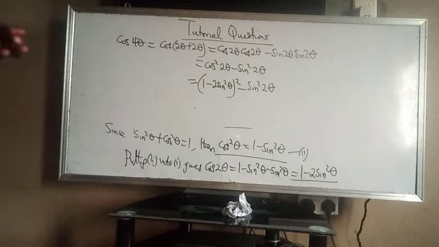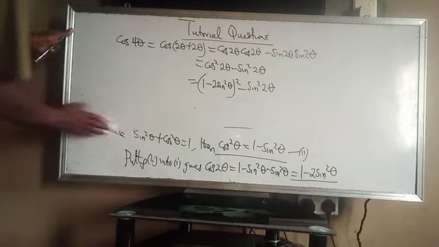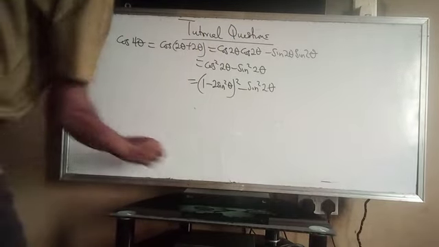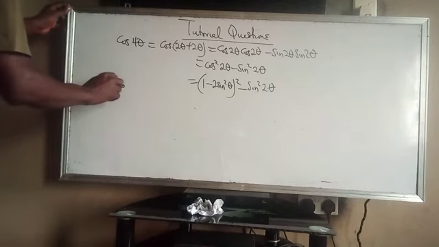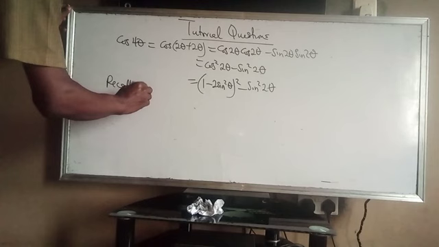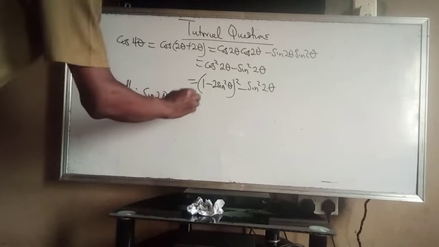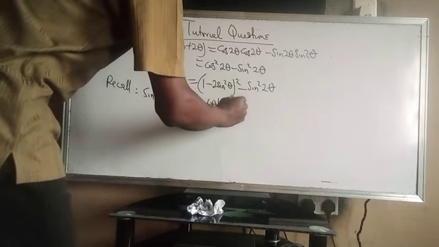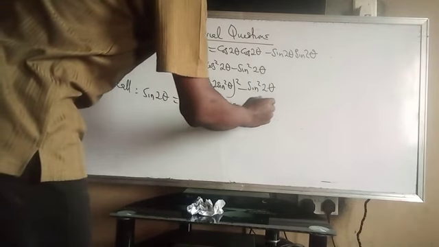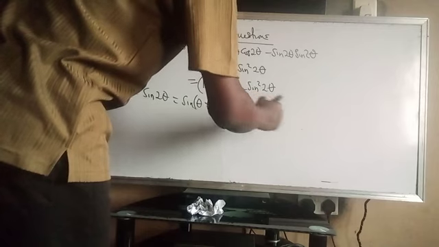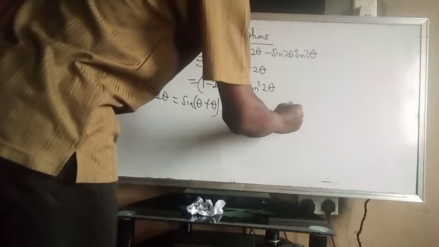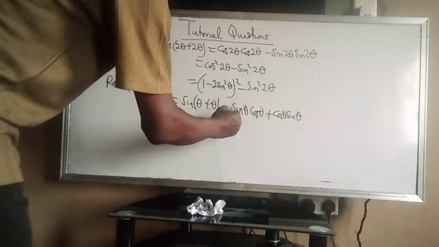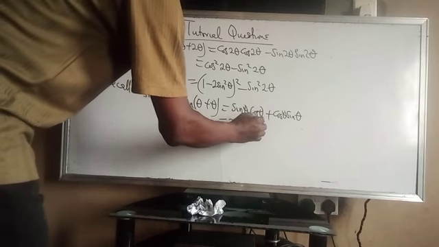Now we need to evaluate sine 2 theta as well. Recall sine 2 theta is equal to sine of theta plus theta. By the time you evaluate this, that gives sine theta cos theta plus cos theta sine theta, which adds up to 2 sine theta cos theta.